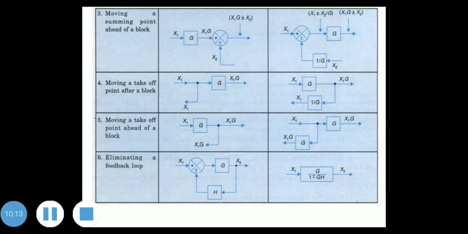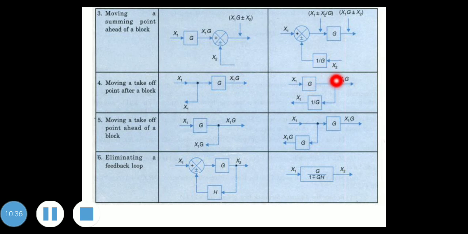Next, the fourth is moving a takeoff point after a block. Here is a takeoff point. This takeoff point must be moved after a block. After a block means it will come here. So that takeoff point will come here.